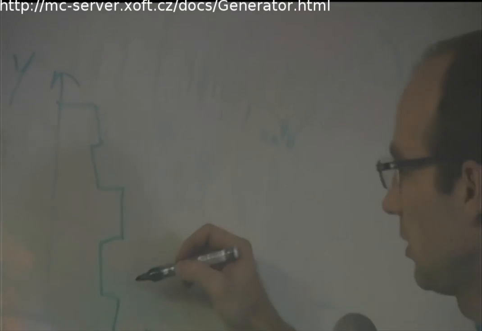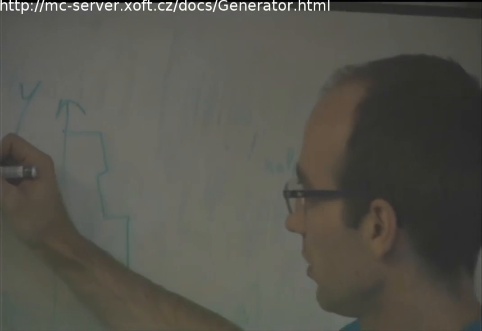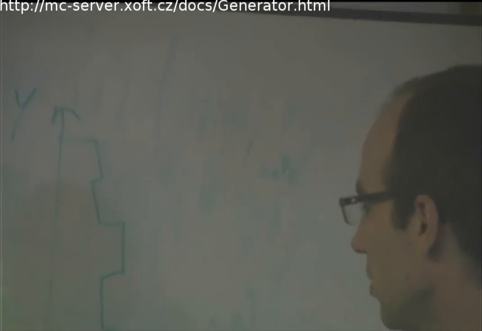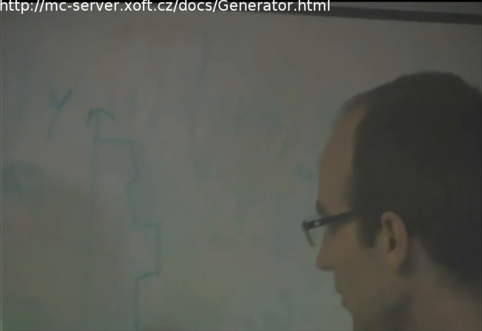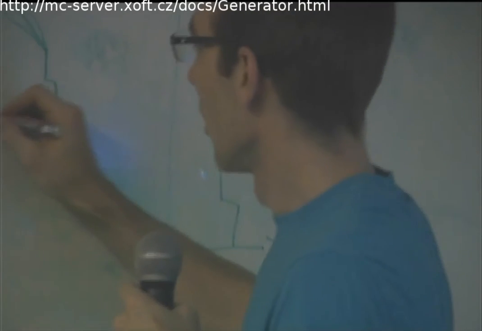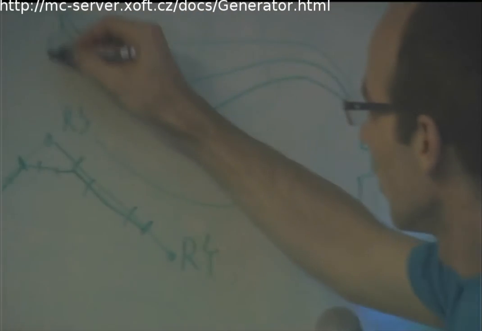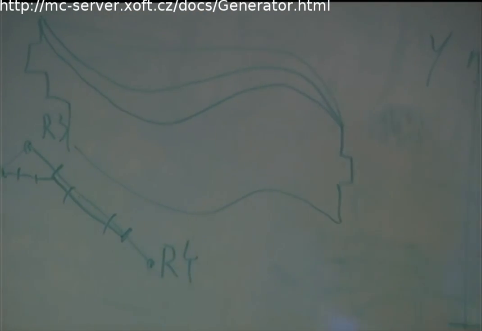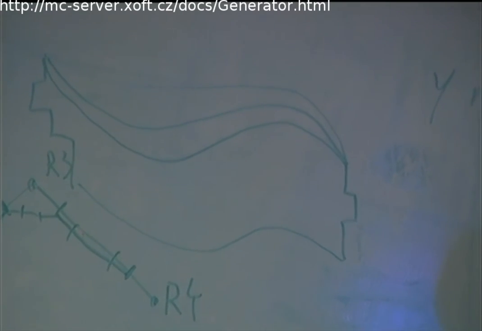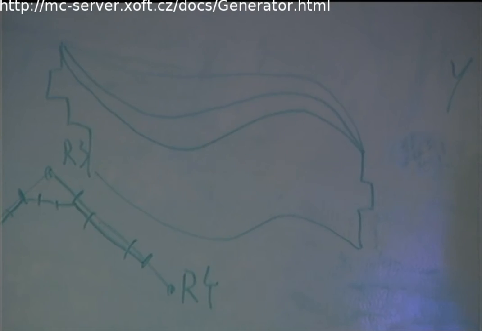And this is the actual wall that is being imprinted onto this ravine. So basically, this is what's getting generated into the terrain. I hope this is understandable.